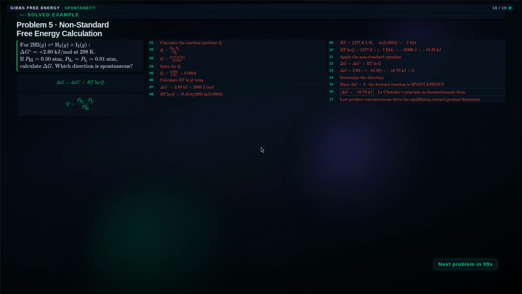If we have pHI equals 0.50 atmospheres and both pH2 and pI2 equal 0.01 atmospheres, then Q equals 0.01 times 0.01 divided by 0.50 squared equals 0.0004.